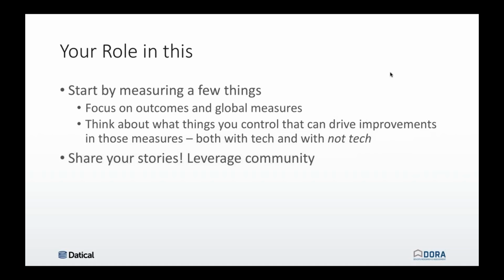It could be smaller local things, but make sure it's driving toward those outcomes and global measures, and they're not just isolated. And for bonus points, try to think about things that are both tech and not tech. So maybe cultural measures, maybe process measures.